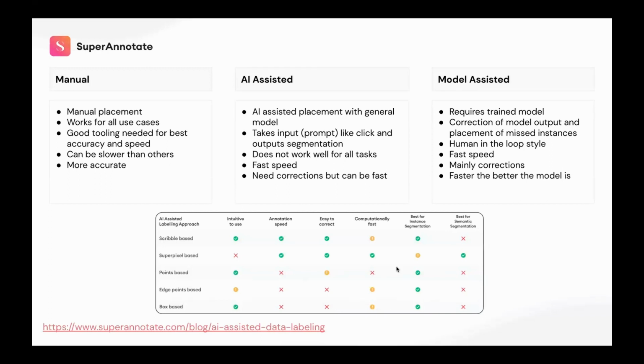When it comes to manual annotation, we know that humans are extremely precise, and that is one of the good things about annotating manually. Overall, though, manual annotation tools are extremely slow, especially when you're doing it point by point.